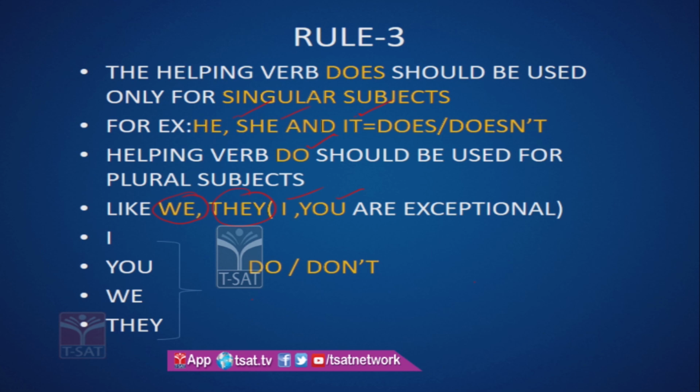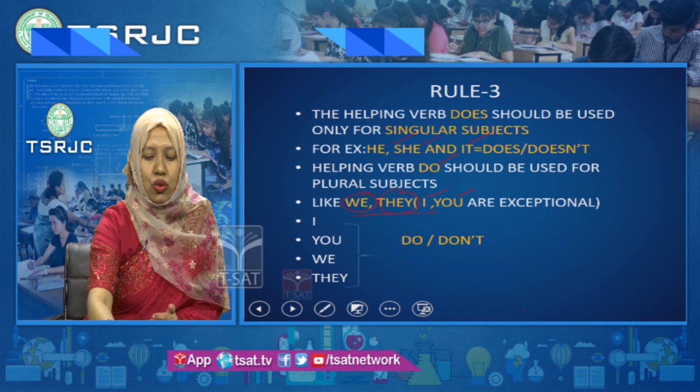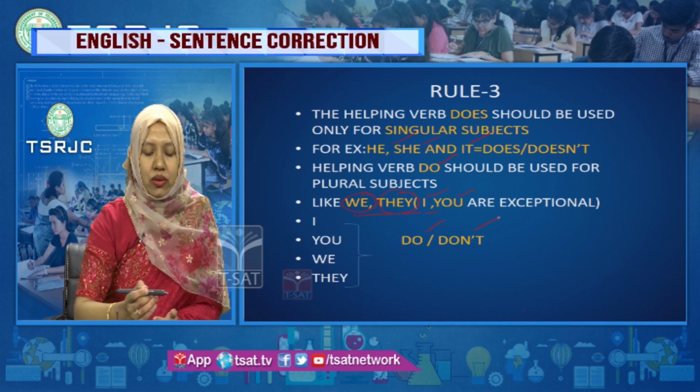Now, when you take the example of I and you as subjects, I is singular and you is also singular, but the helping verb we are using is "do." We do, they do, I do, you do. So always remember, along with we, they, I and you, you should use "do" or "don't."